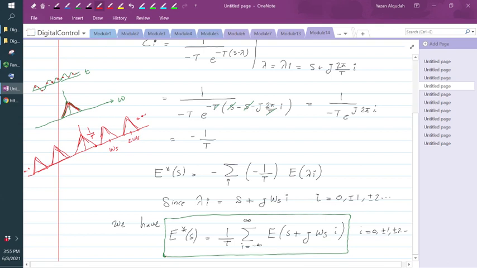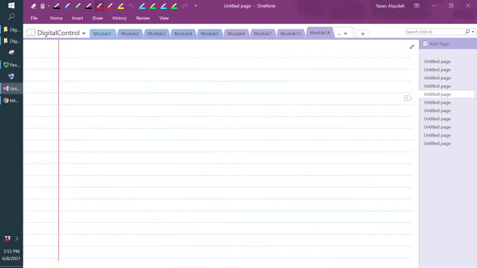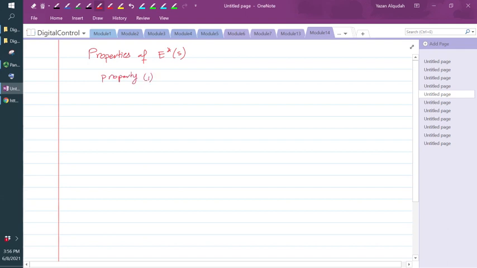Okay. So let's look at properties of E star of S. The first property is that E star of S is periodic in S with period j omega s.